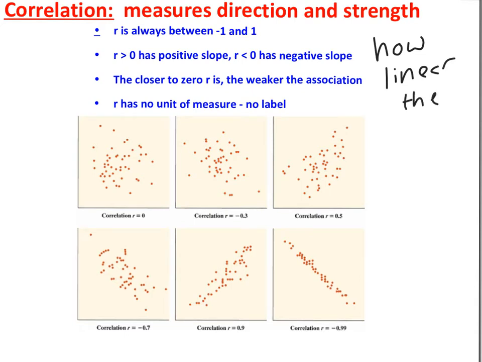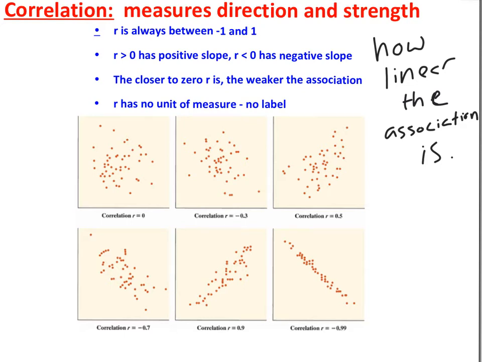When we say that the association is strong, it probably means that we have an association that looks very much linear. That's what R measures. So if you had an association that's really strong, but it looks to be like an exponential curve, R probably isn't going to be that strong.